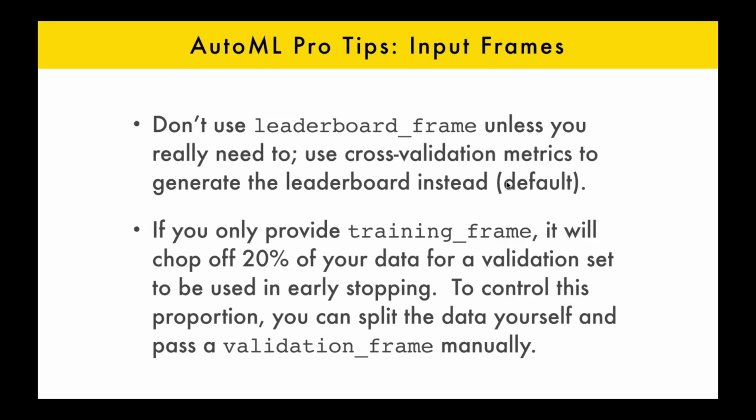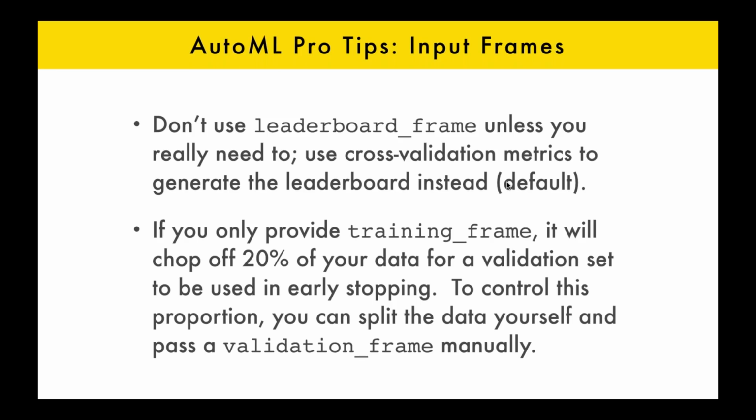When data is precious, we don't want to waste data doing something like that. We're already doing cross-validation, so we might as well just use cross-validation metrics to rank the models on the leaderboard. However, there are a lot of cases where you might want to score on a particular frame, so that's there for you to use.